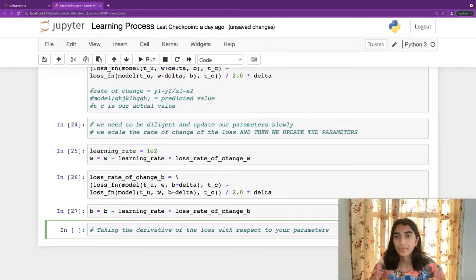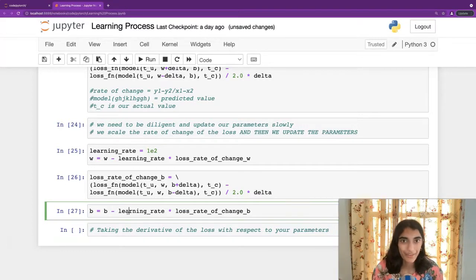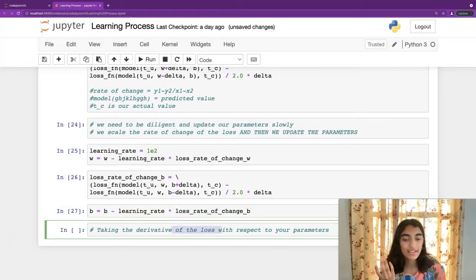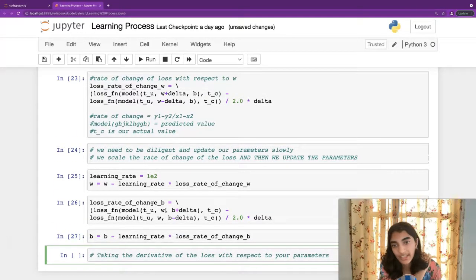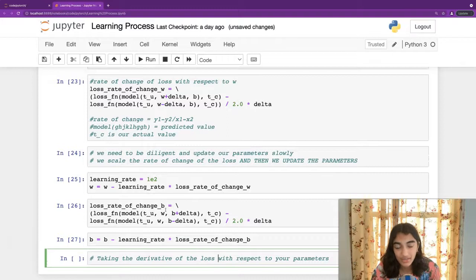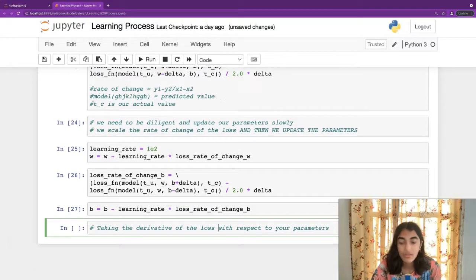If you have a curve that's not a line... actually, no, we're taking the derivative of the loss. The loss is not a line. In our case, we're taking the square of the difference between the actual and the predicted value, and so we have this sort of curve, and you can take a point and find the slope at that one point.